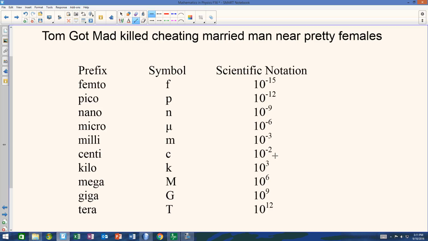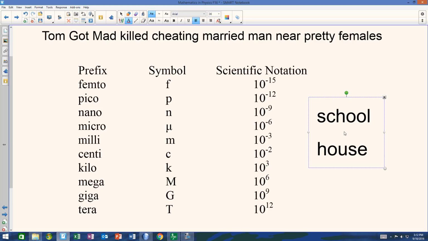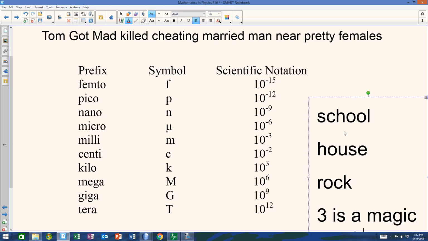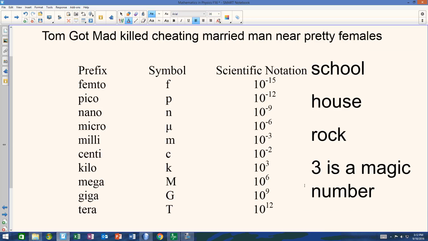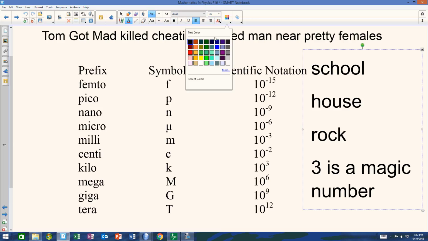If you have trouble counting by 3s, I recommend that you get, here, I'll even write it down for you. Schoolhouse Rock. And 3 is a magic number. Okay? If you have any trouble counting by 3s, you need to go onto the internet, and YouTube, I'm pretty sure will have it, and you need to go ahead and get yourself some Schoolhouse Rock here.